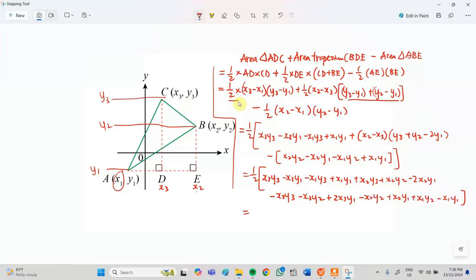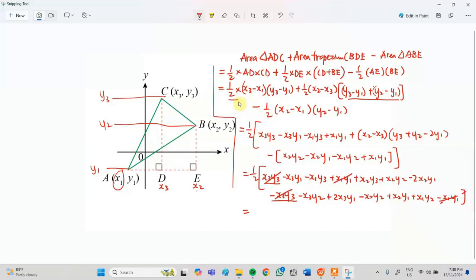Now we try to simplify everything. We see that x3 y3 will be cancelled by the one here, so this is gone. x1 y1 is cancelled by this, and this is gone. x2 y2 is cancelled by this, and is gone.